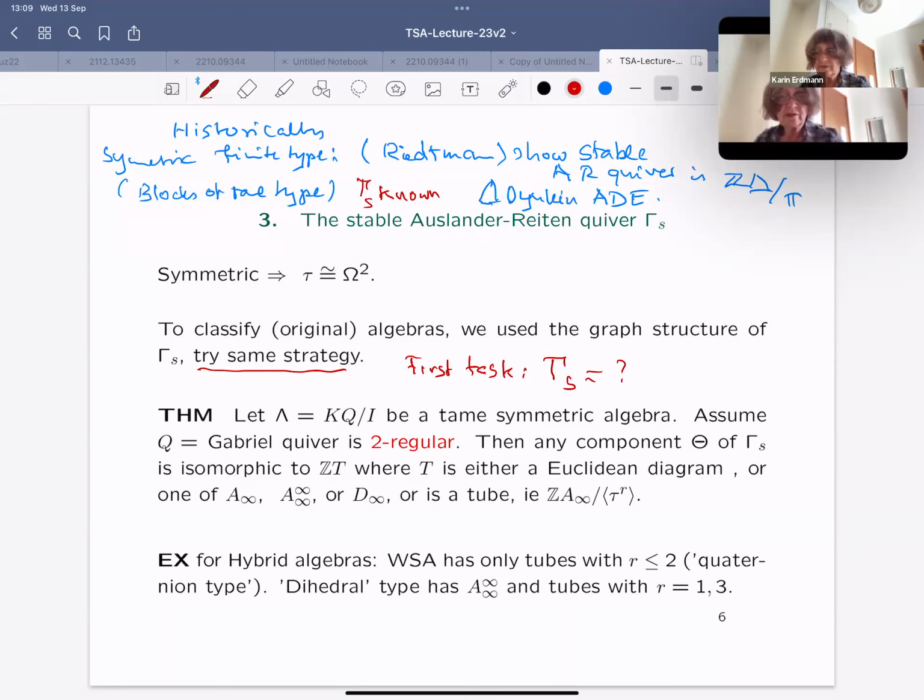Yeah, so a question, actually, I'm not really quite sure. I have looked at some websites and seen that you have some work on finite dimensional algebras where you have stable Auslander-Reiten quivers, or should I say something about what this is?